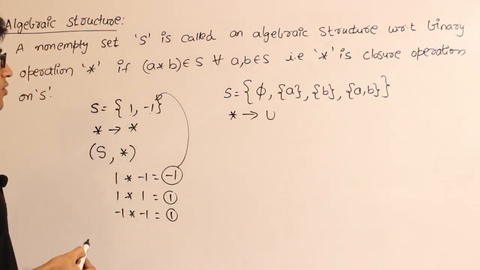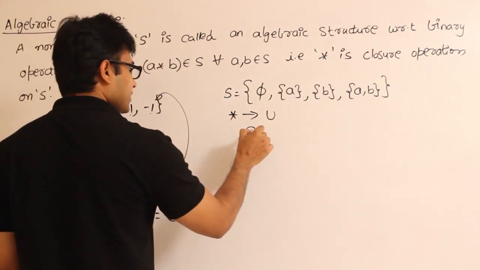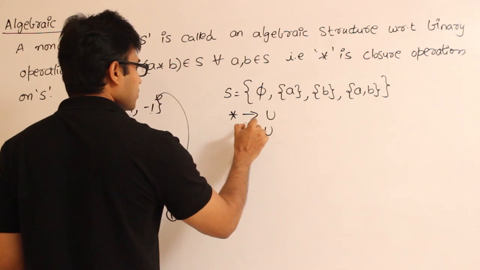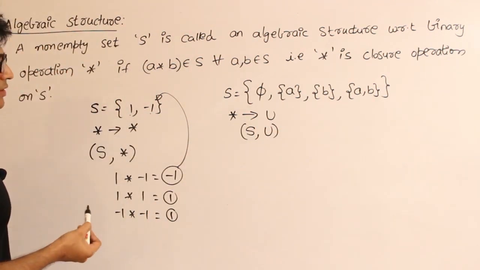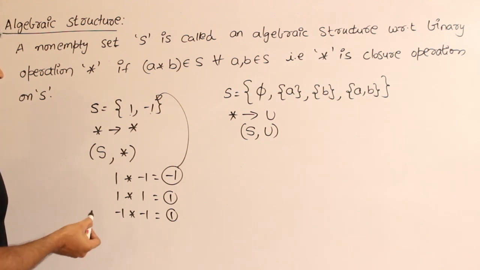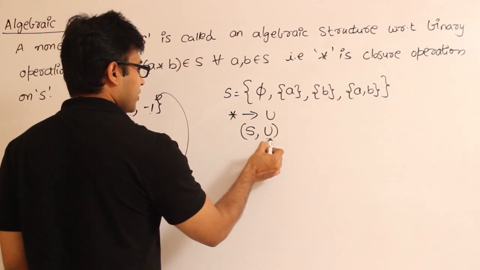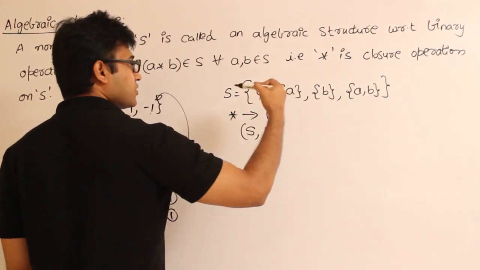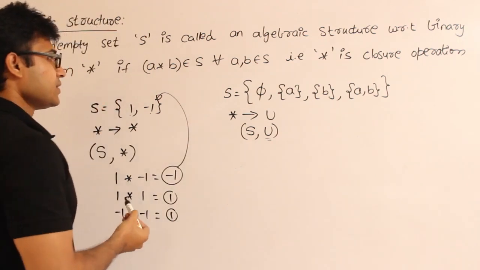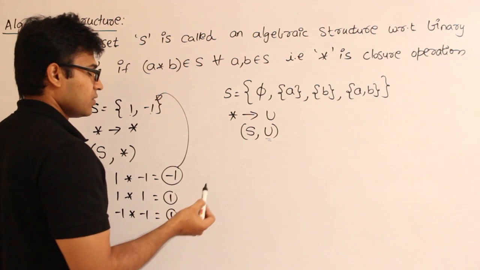Now what can you say about this combination, this set S with respect to the operation union? Is it going to be an algebraic structure or not? When can you say that it is an algebraic structure? If you take the union of two elements, which means you apply this particular operation on any two of these elements, and the result also falls in the same set, then we can say that it is an algebraic structure, right?